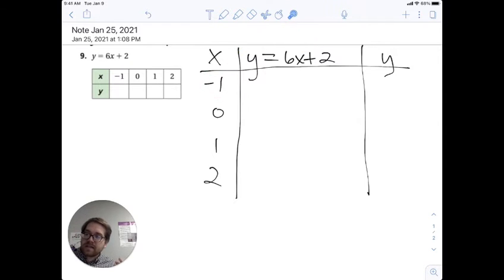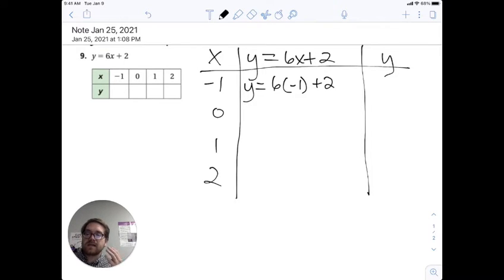I'm going to take out the x and put in the negative 1. Remember, when you have a number and a variable together like that, that means multiplication, so I'll be multiplying negative 1 with this 6. This is what it would look like: y is equal to 6 times negative 1 plus 2.